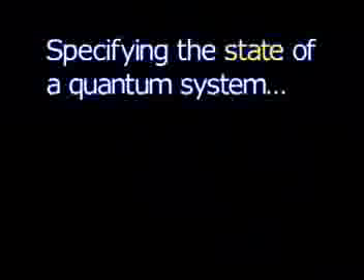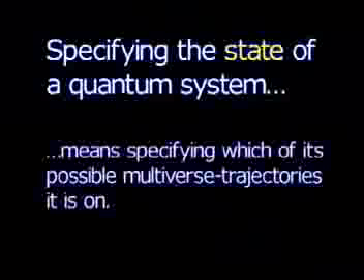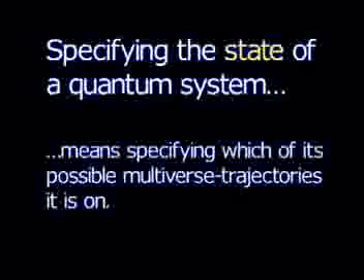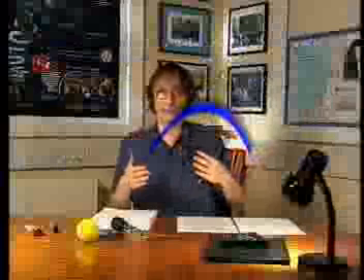So, in the quantum case, the state specifies which of its trajectories in the multiverse the whole multiversal object is on. In this sense of the word state, the state of a system doesn't change. Quantum observables change under the laws of motion, but the state is timeless. This sort of state is known as the Heisenberg state of the system.